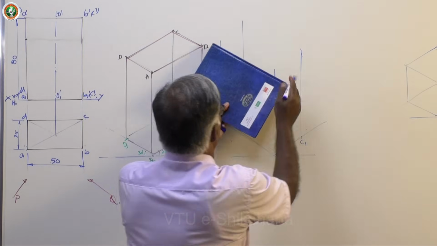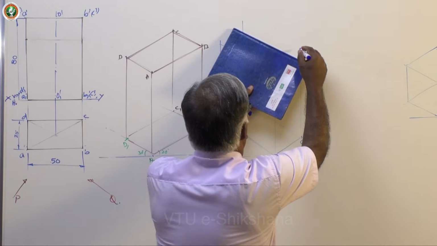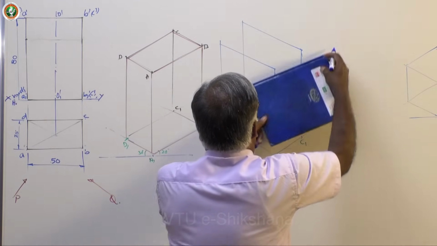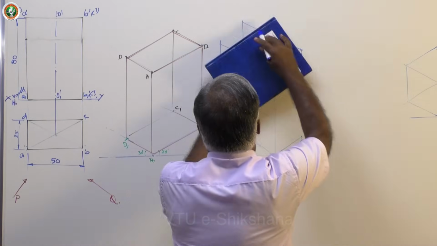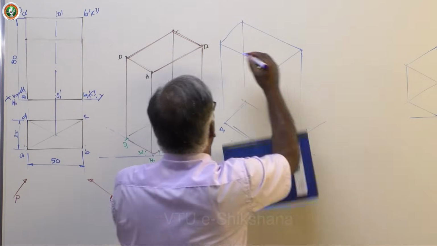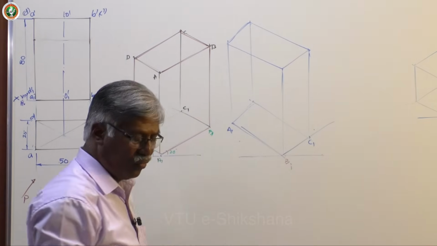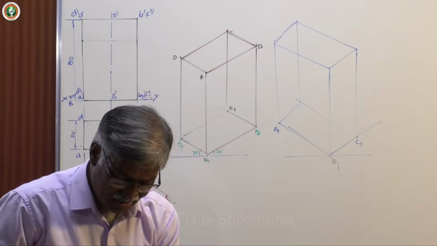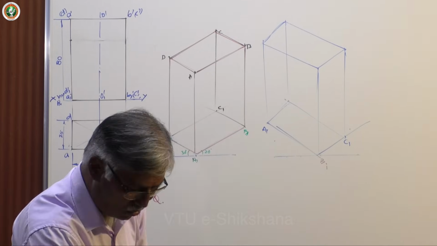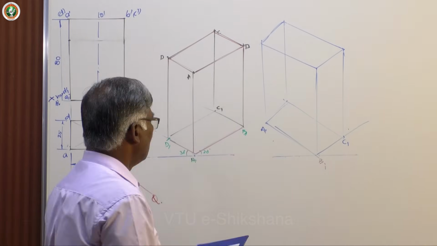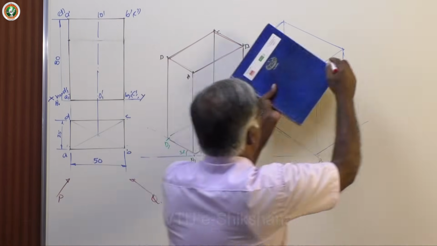Now join all this. Now we have the overall figure. Now how to complete this figure? Top face visible, dark.